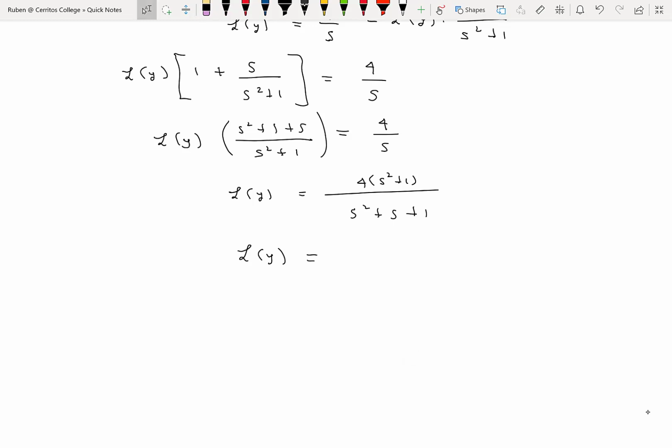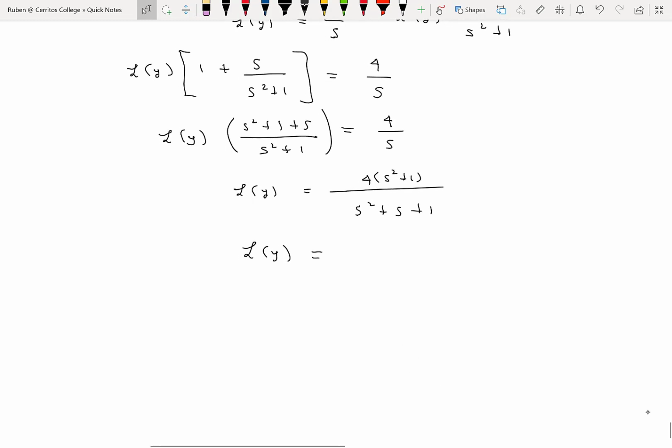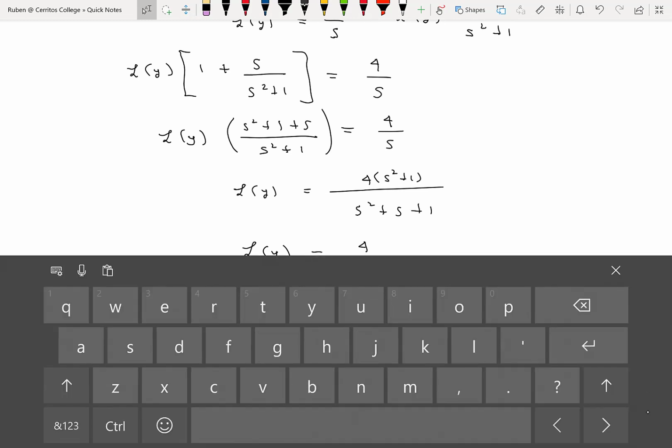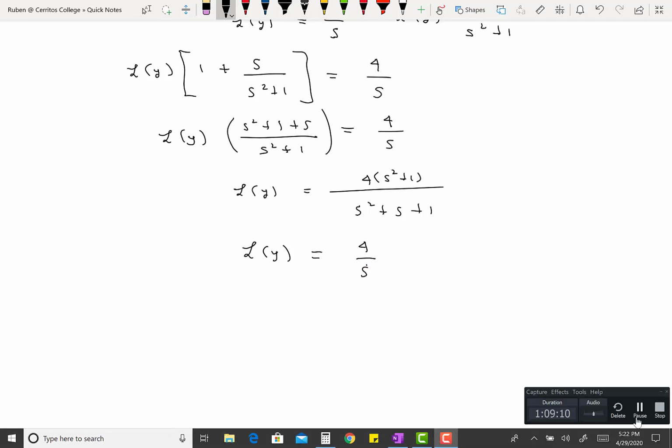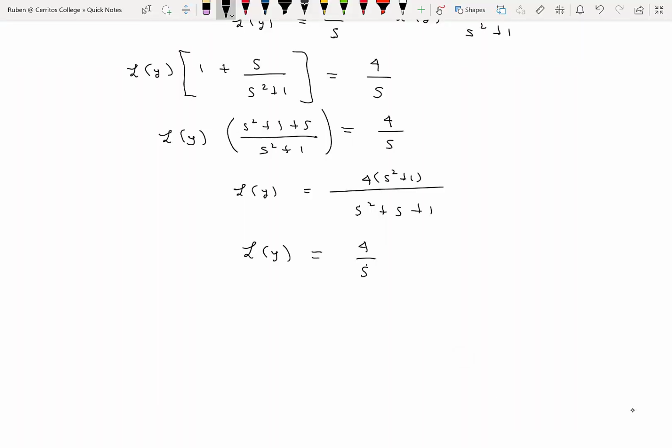So the partial fractions decomposition on this turns out to be 4 over s minus 4 over s squared plus s plus 1.